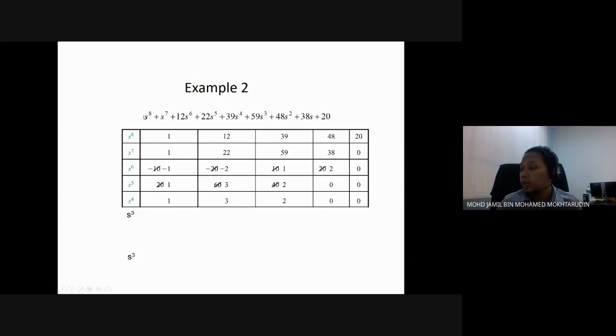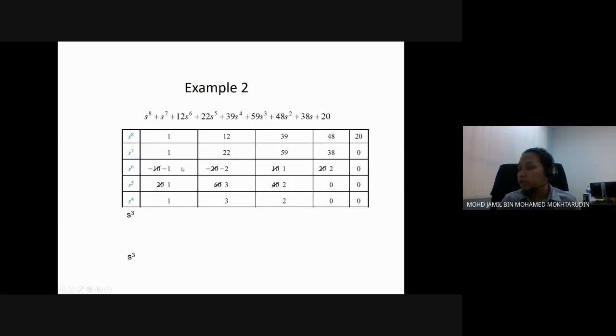And then you fill the boxes with the coefficients alternatingly. So 1, 12, 22, 39, 59 at the bottom, and then 48, 38, 20, and then you don't have any more coefficients, so you put 0. Okay, no more coefficients, you just put 0.